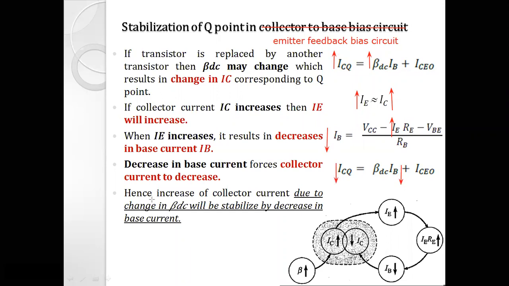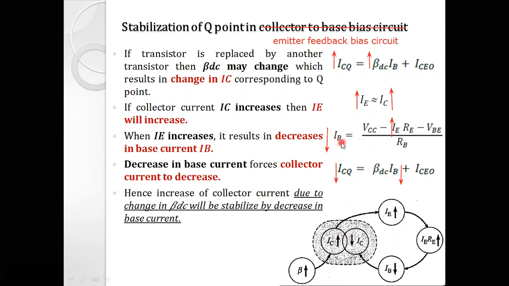So when we look at the cycle, you can see that when beta is increased, IC also increases. And when IC increases, IE increases. That is because of this relationship. And when IE increases, the drop across emitter resistor IERE increases. And when IERE increases, because of this relationship, there is reduction in IB.